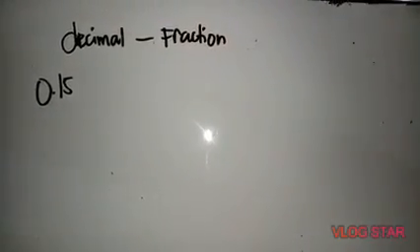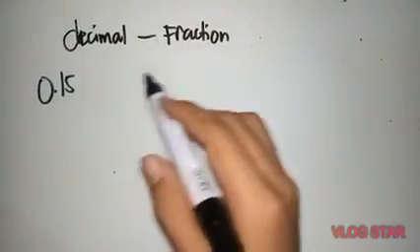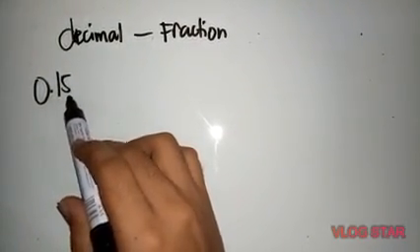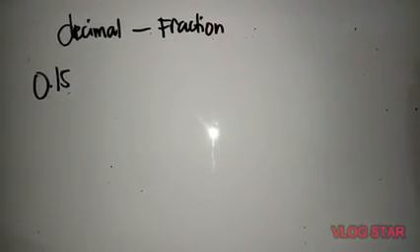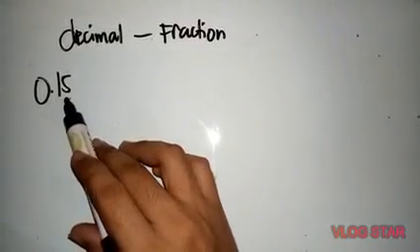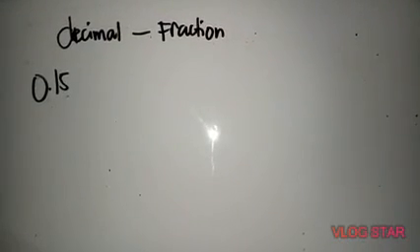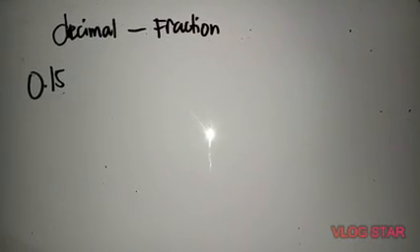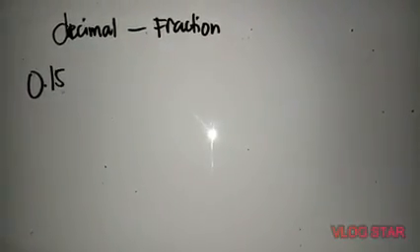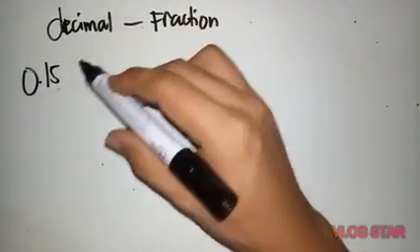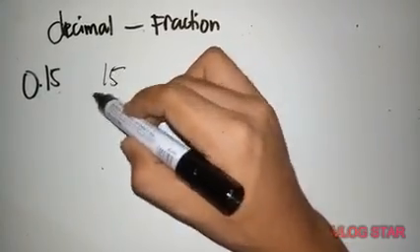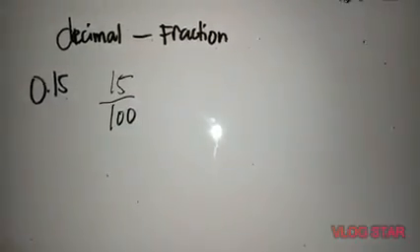So let's proceed to decimal to fraction. Our first example is 0.15. If we're going to write this one as a fraction, then we read this as 15 hundredths. So 15 hundredths.